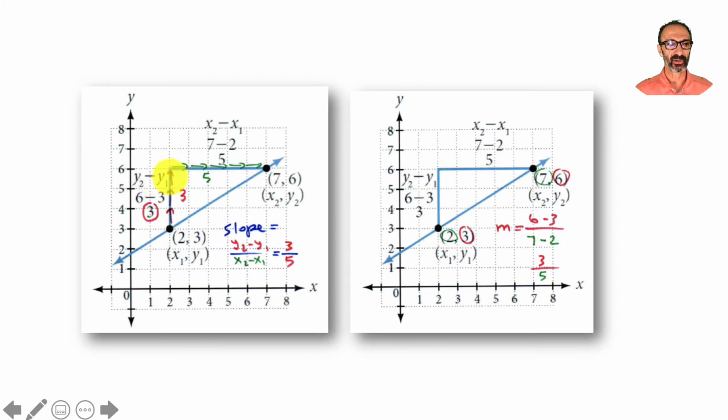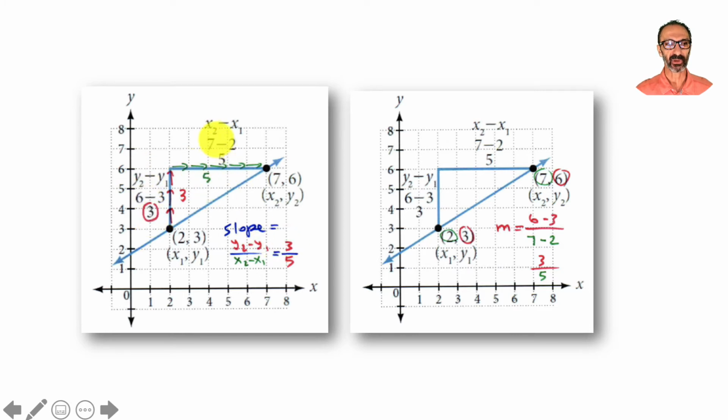If you use y2 minus y1 over x2 minus x1, I get from these points, identifying which one is x1, y1, which one is x2, y2. This is my y2, and this is my y1. 6 minus 3 goes on top. That's 6 minus 3, which is the y2 minus y1, 3.